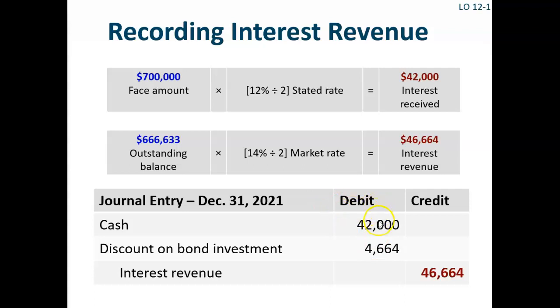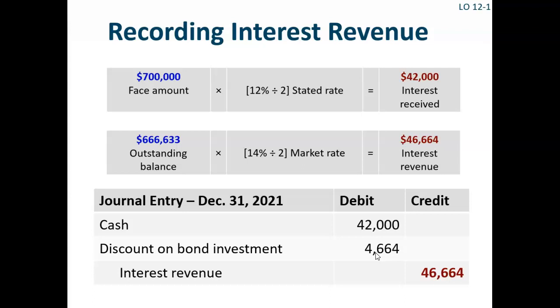So every time United receives an interest payment of $42,000 in cash, they're going to credit interest revenue by some calculated amount, and the difference between the two is going to be debited to the discount on bond investment account.